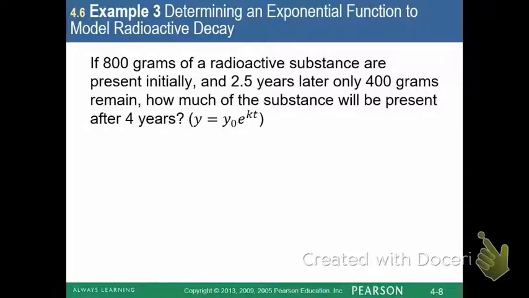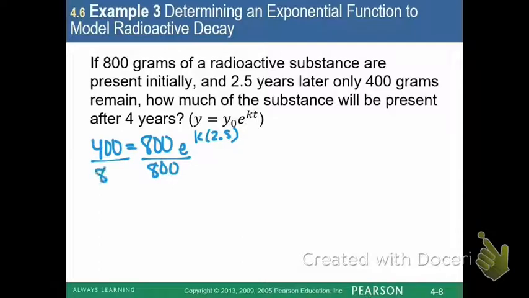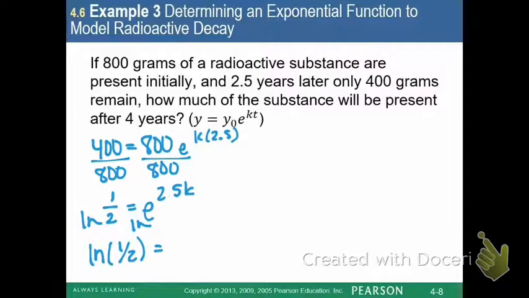First thing I'm going to do is solve for k. So if I plug in my numbers here, I'm going to have 400 equals 800 times e to the k times that 2.5 that they gave me. So I'll divide by 800. Again, take the natural log here. And then divide by 2.5.